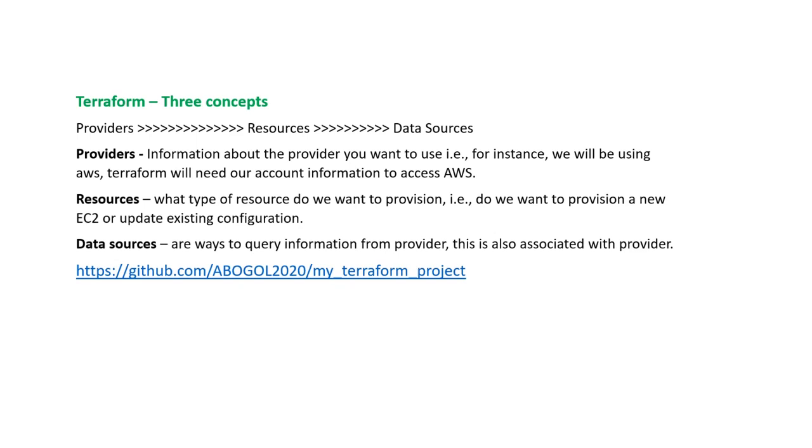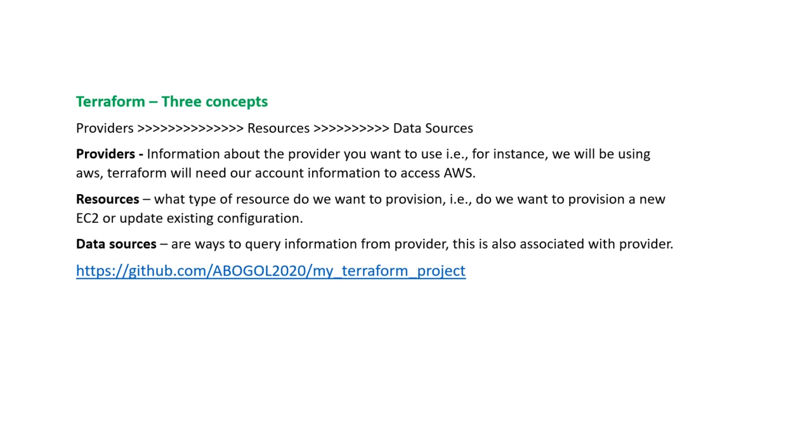When we are talking about Terraform, let's talk about these three concepts. Providers. This is the information about the provider we want to use. For instance, in this video, we'll be using AWS, and Terraform will need our account information to access AWS.